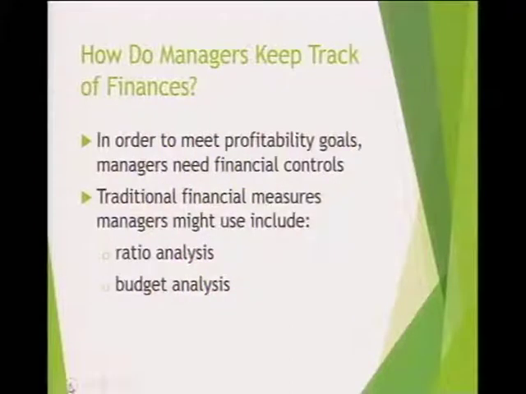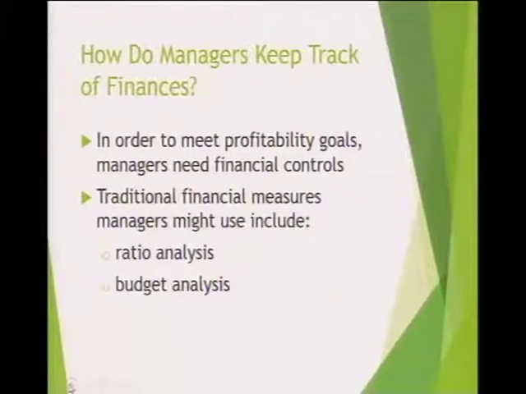Okay. So how do managers keep track of finances, for example? There are a number of ways. The organization needs to keep its finances in order. In order to meet profitability goals, managers need financial controls.